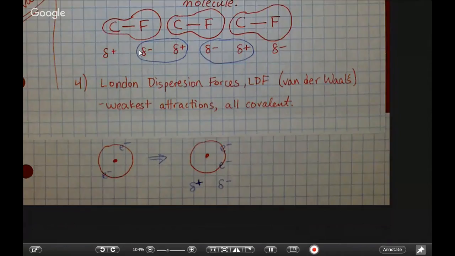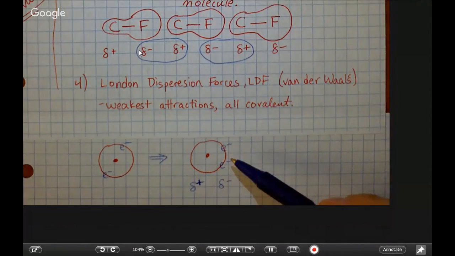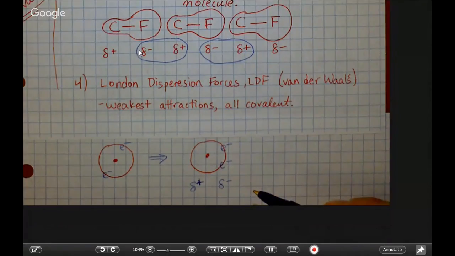So we can get this temporary dipole because we have this sudden imbalance of electrons around the nucleus. Does that part make sense? We're assuming they're on opposite ends, but once in a while they may end up on the same side. That's not as stable. It creates an imbalance.